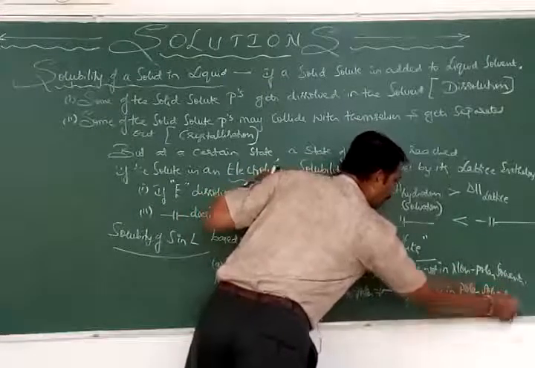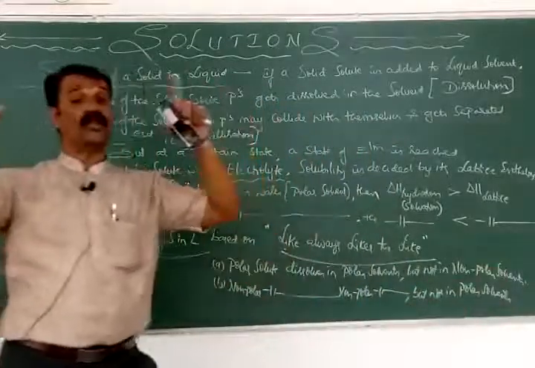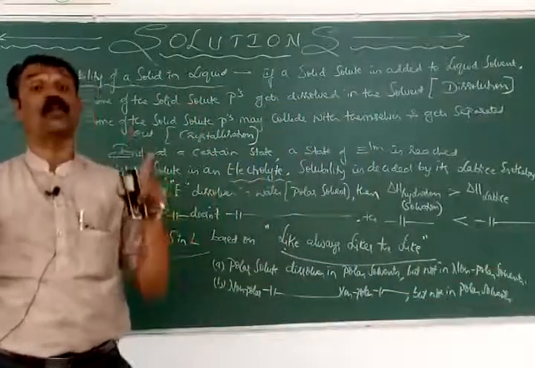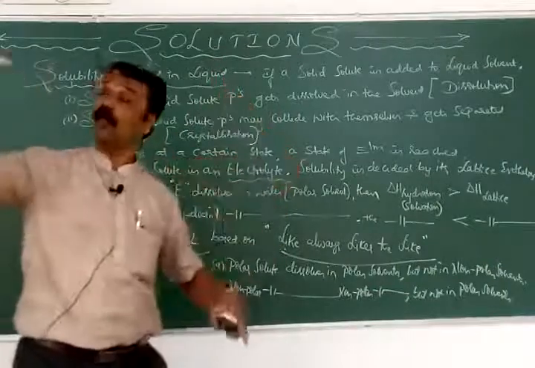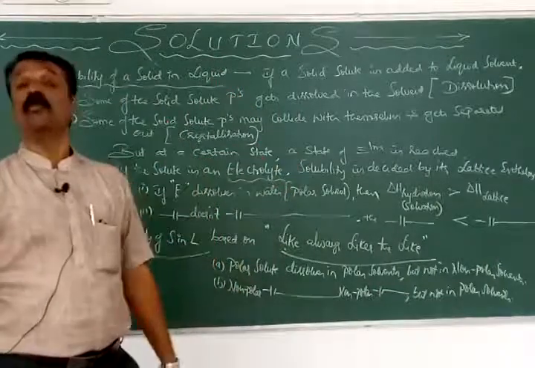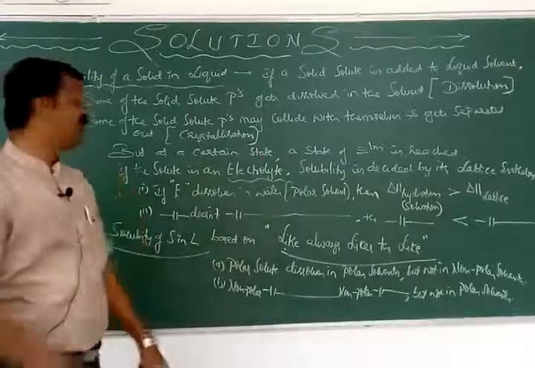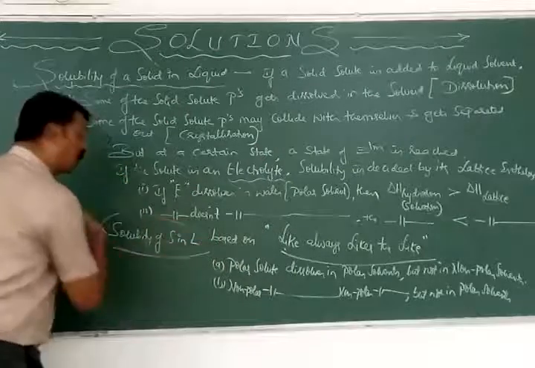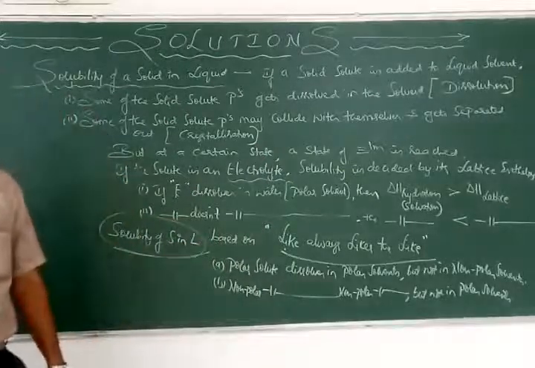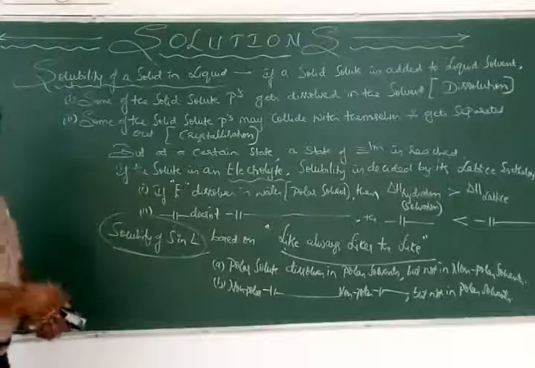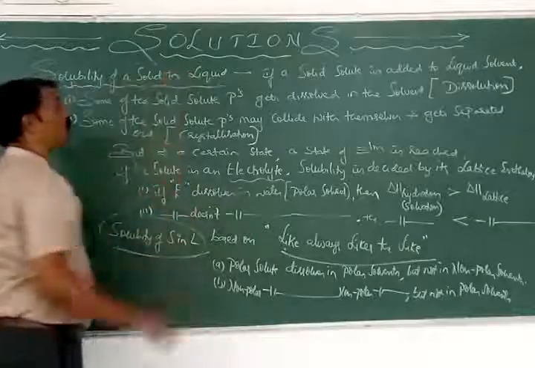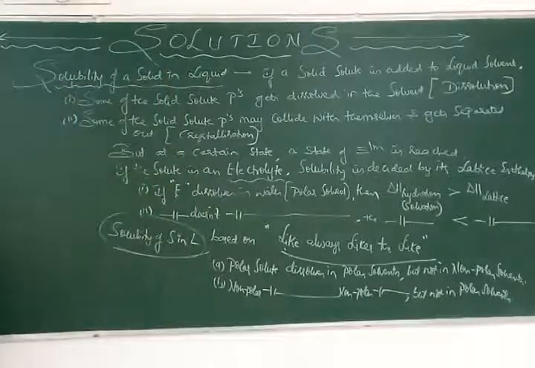So polar goes with polar, non-polar goes with non-polar, but polar is insoluble in non-polar, and non-polar is insoluble in polar. That is the main criterion for the solubility of a solid in a liquid. Okay, that is the concept behind the solubility of a solid in a liquid.